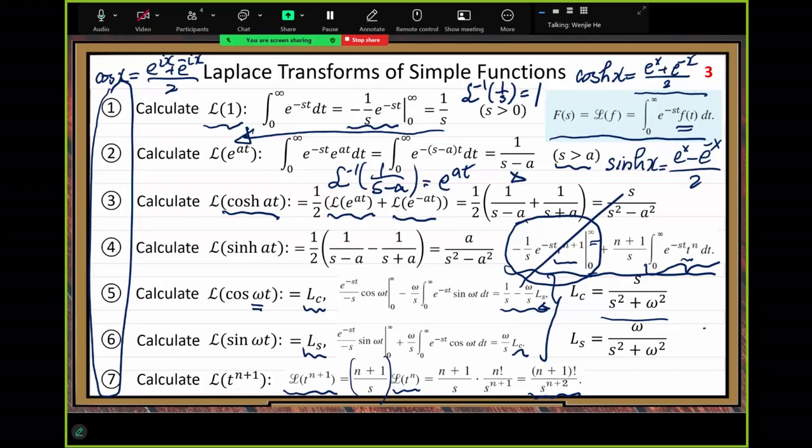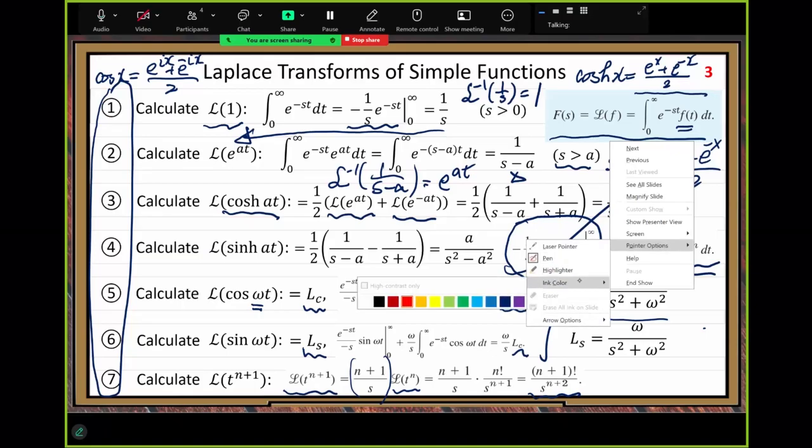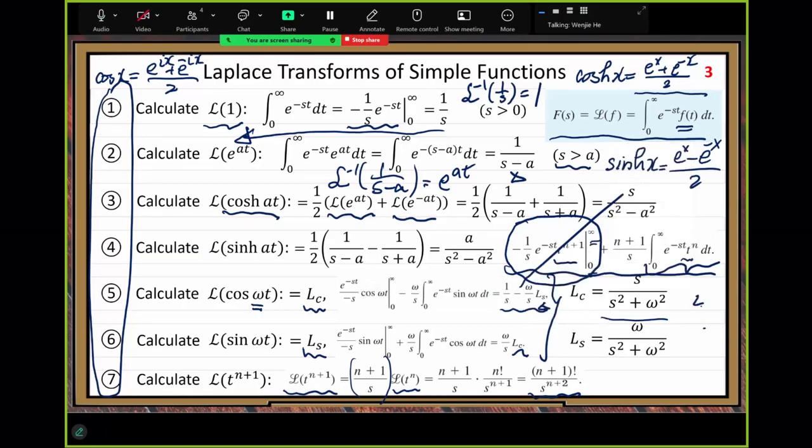In the formula number 7, we require that n is a non-negative integer. I need to change the color here.